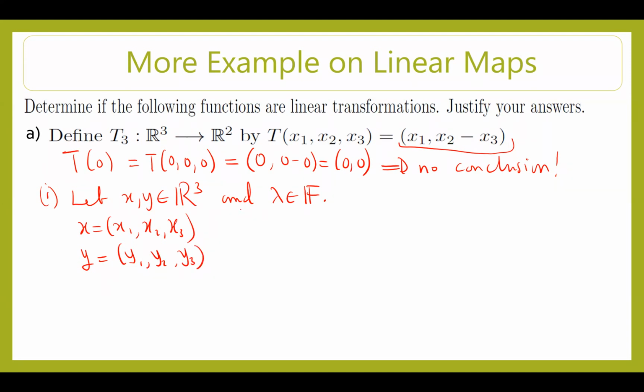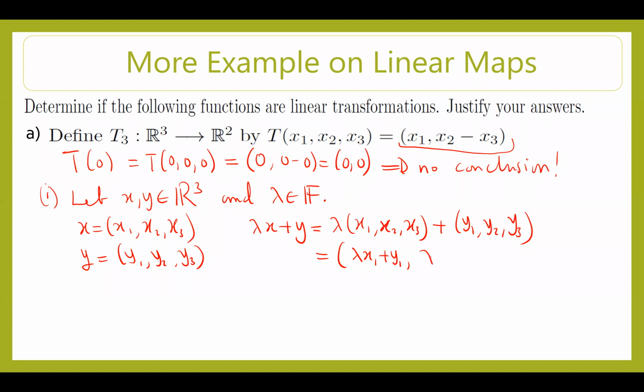All right, so first I would like to know what is lambda x plus y. This is just a vector addition in R3, so I'm going to have lambda times x1, x2, x3 plus y1, y2, y3, and that will give lambda x1 plus y1, that's the first component, lambda x2 plus y2, and lambda x3 plus y3.